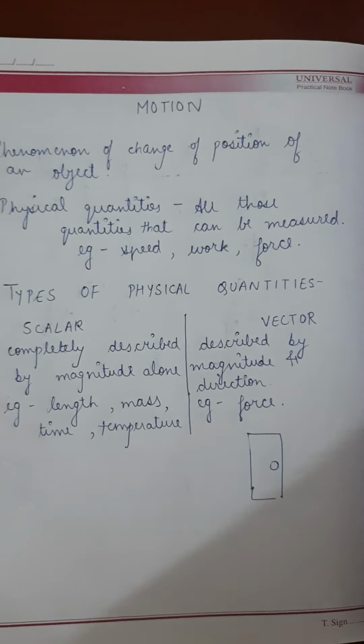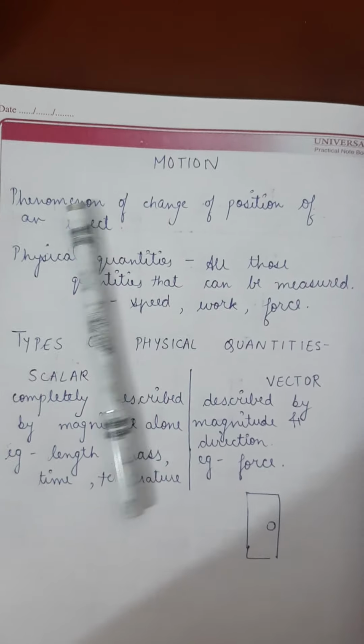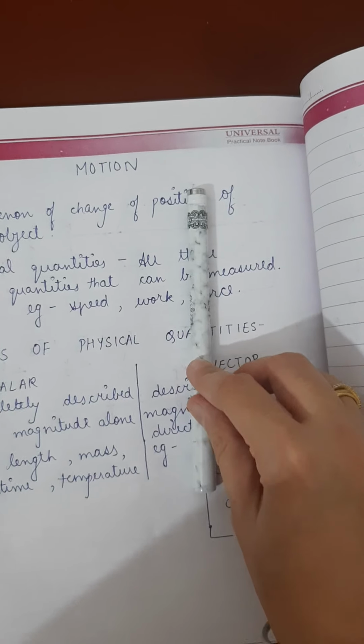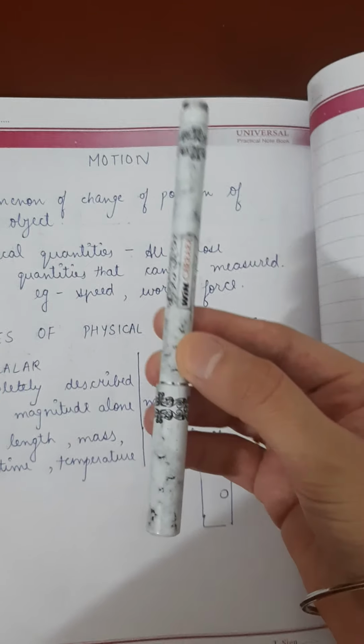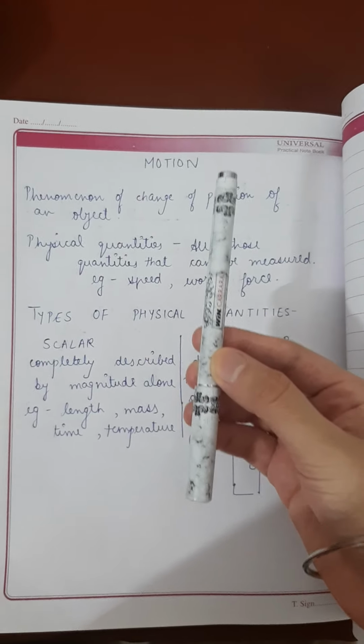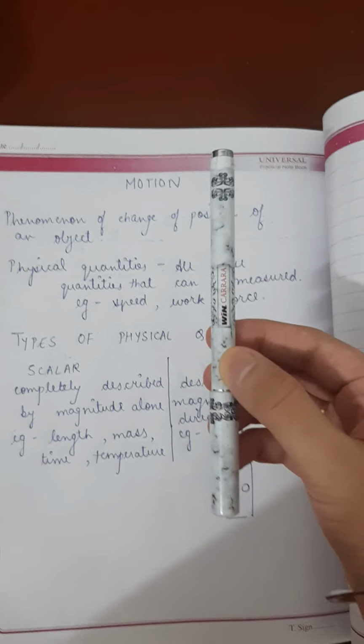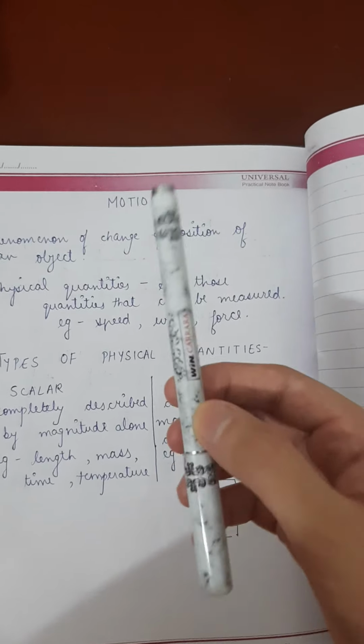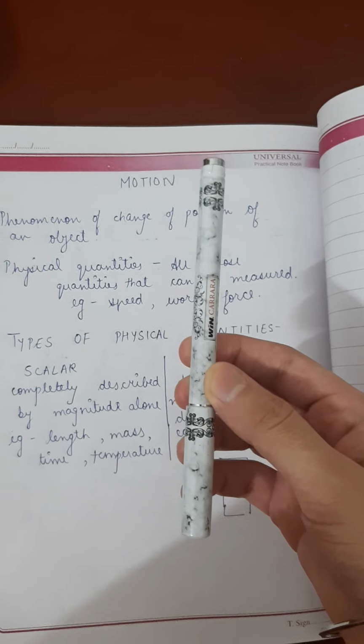Okay. Now consider this pen. I need to find the length of this pen. If somebody asks you what is the length of the pen, you will directly say it's 10 centimeter or 11 centimeter. Will you mention the direction? No, right?